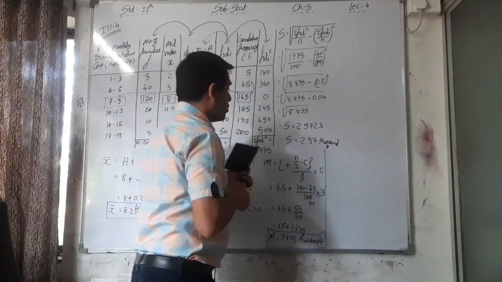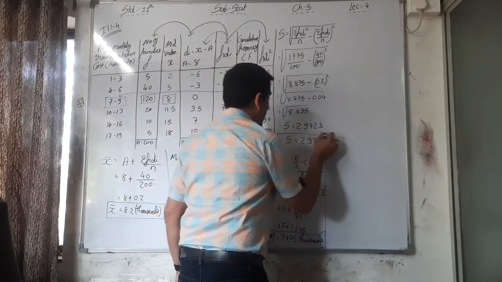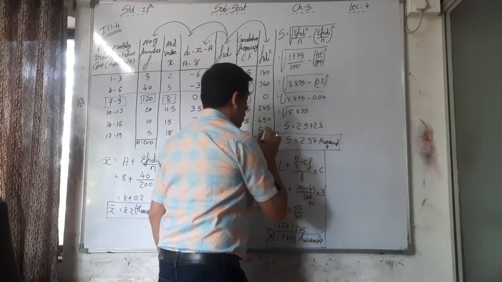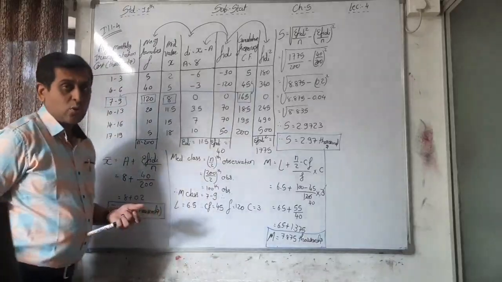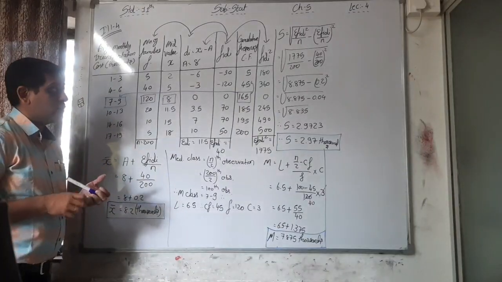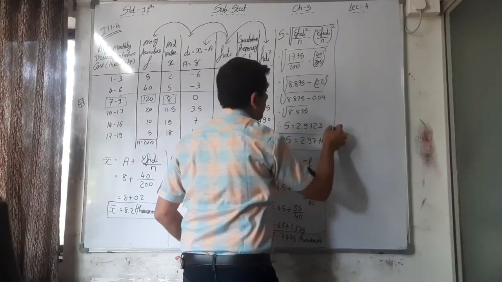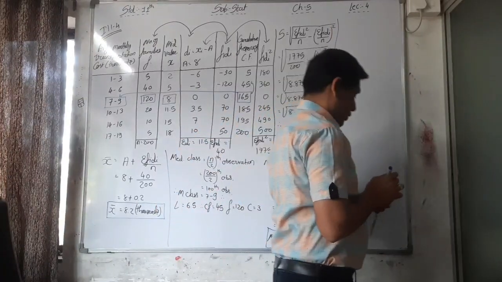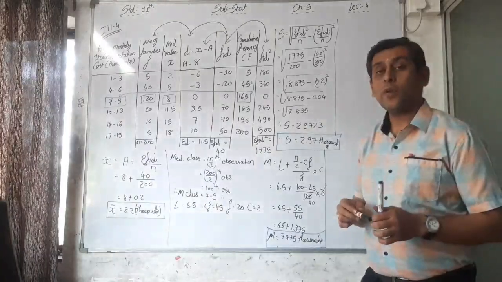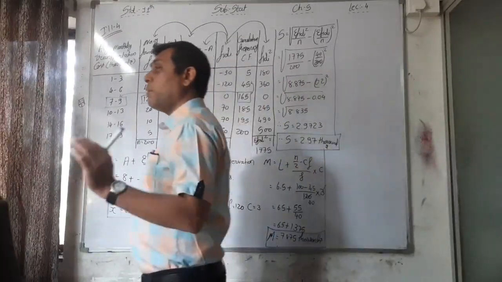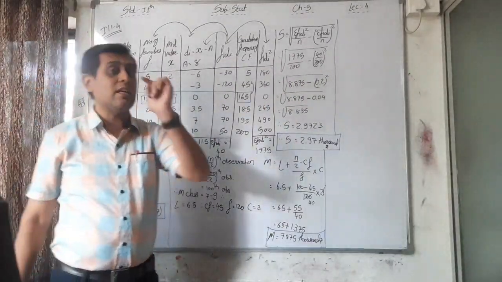Now we have all the values we want. To find out skewness as well as coefficient of skewness, what is the formula for skewness? Here we use the Karl Pearson method, but here mode is ill-defined.